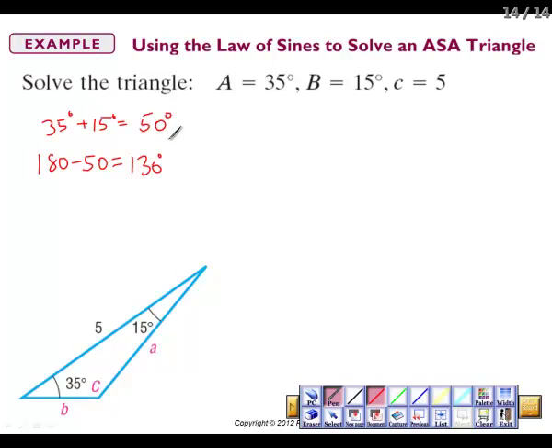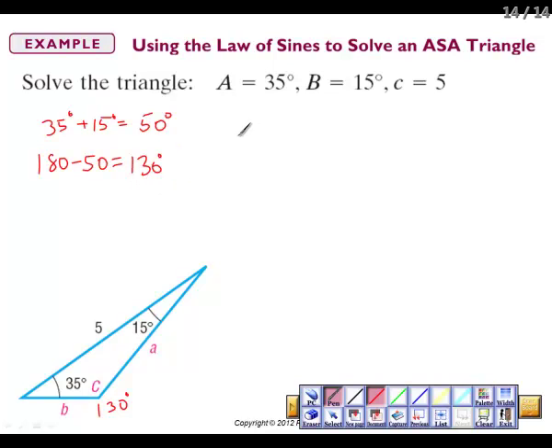Okay, so from here, we know this is 130 degrees. It looks like the obtuse angle could be 130, so you want to do a kind of check on that. If it were an acute angle, then you know something's wrong.